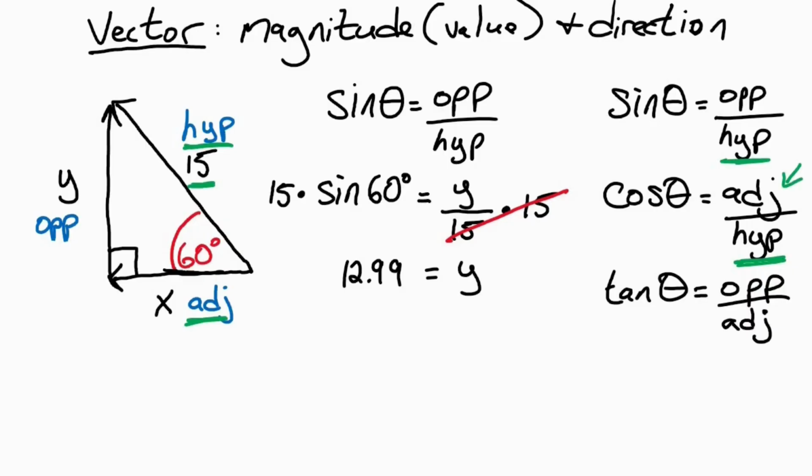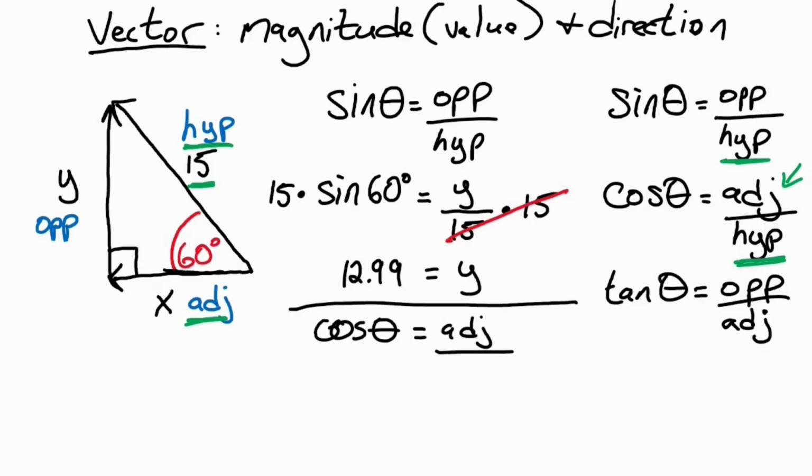So it makes sense to just be using that. So once again, we're just going to rewrite the formula of cosine theta is equal to adjacent over the hypotenuse. So cosine of theta, which is our reference angle, is equal to the adjacent, which is x, divided by our hypotenuse, which is the value of 15.